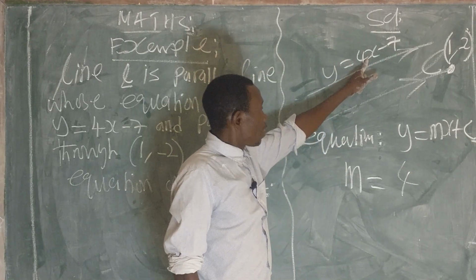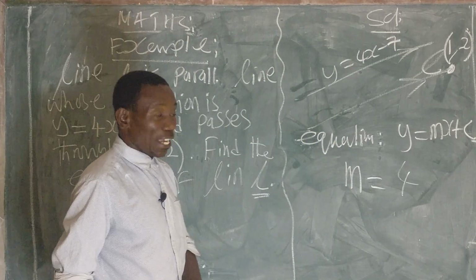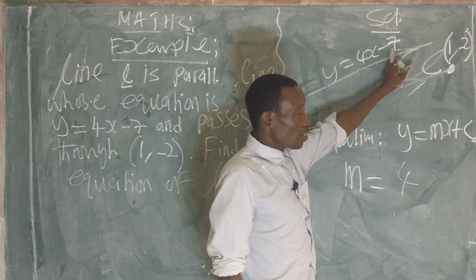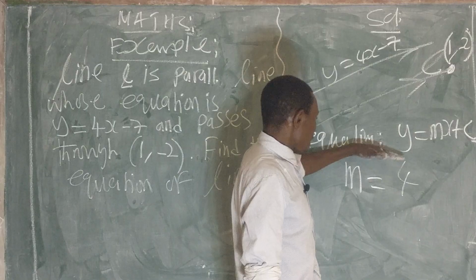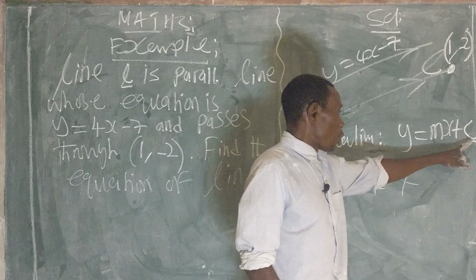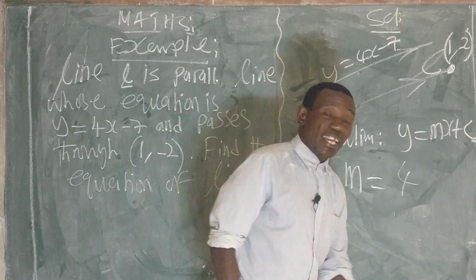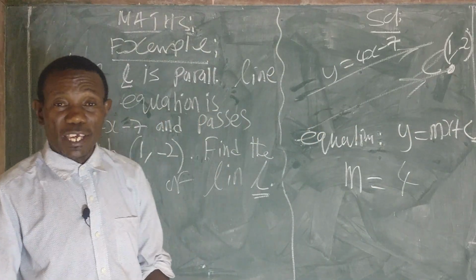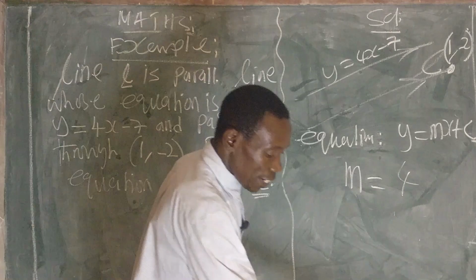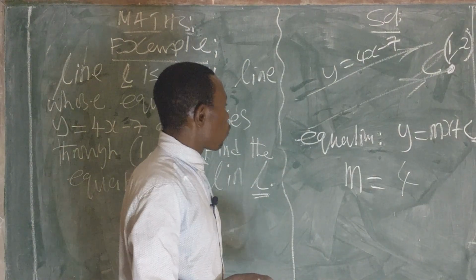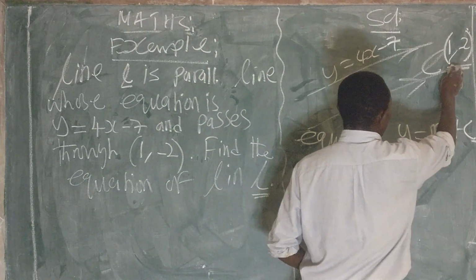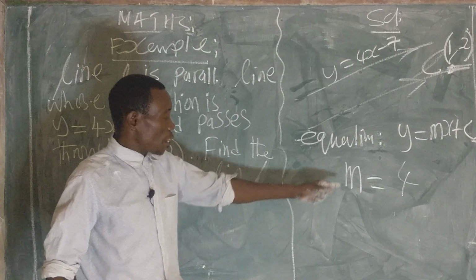But now, this is a different line. This line has y-intercept of -7, but for line L the y-intercept is not known. So we need to work out exactly where this line cuts the y-axis. If I need to work out the value of c, I can use this very same point and the given gradient.